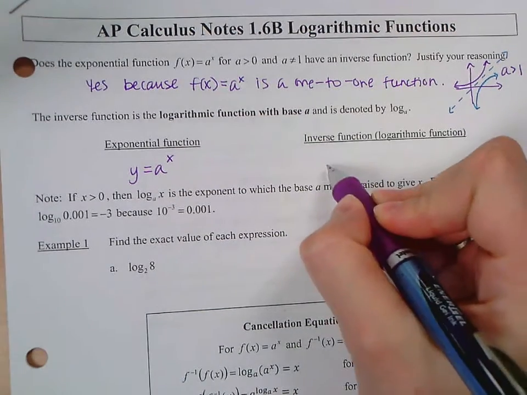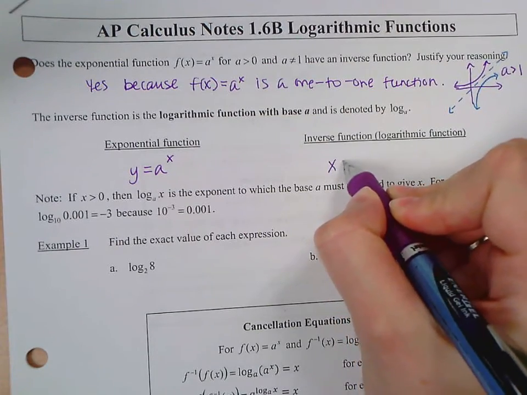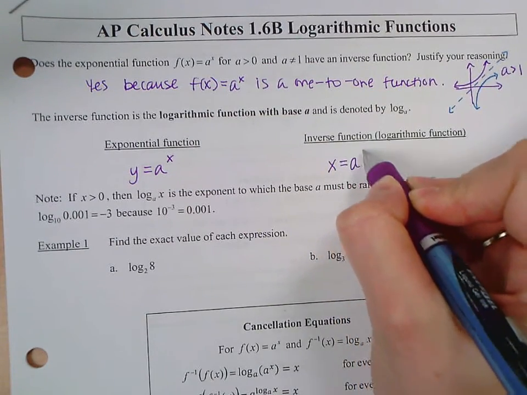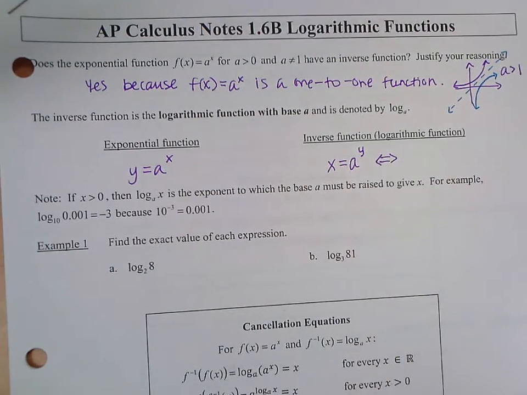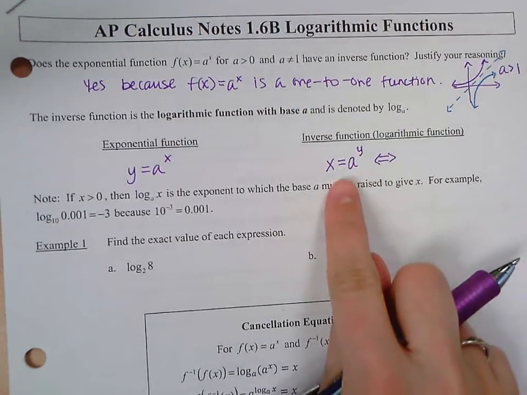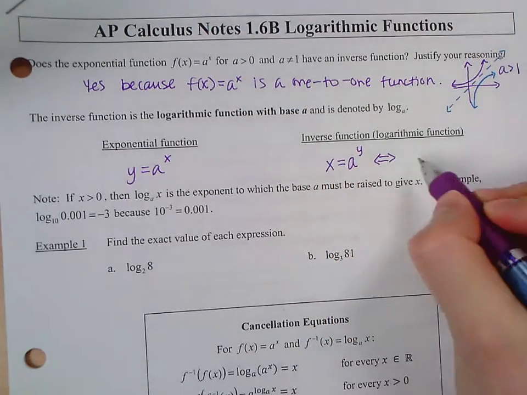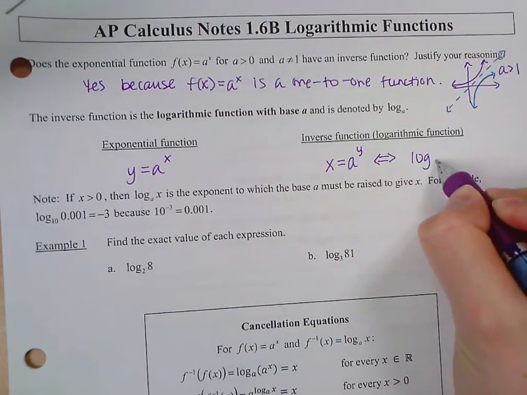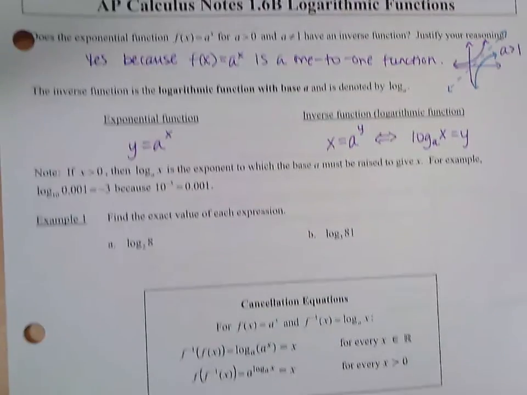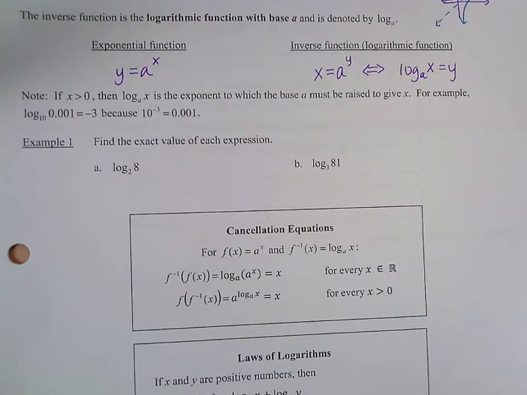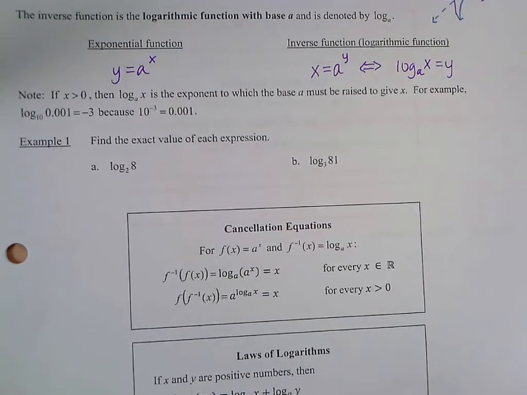So the inverse would be equivalent to x equals a to the y, but we can write that as a logarithm, and this exponential form is equivalent to log base a of x is equal to y. So these are the forms that are equivalent.